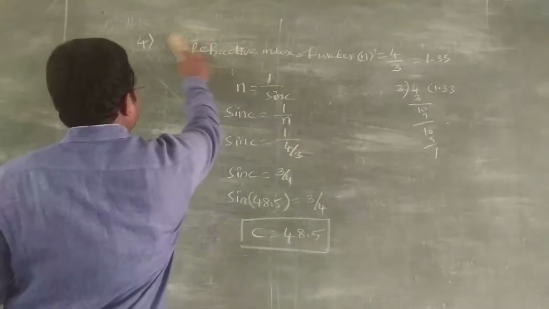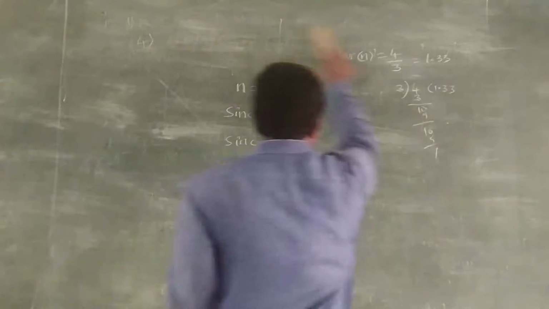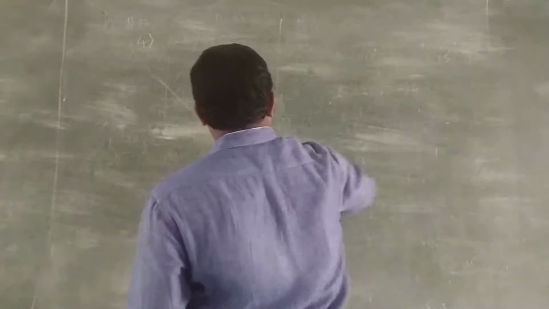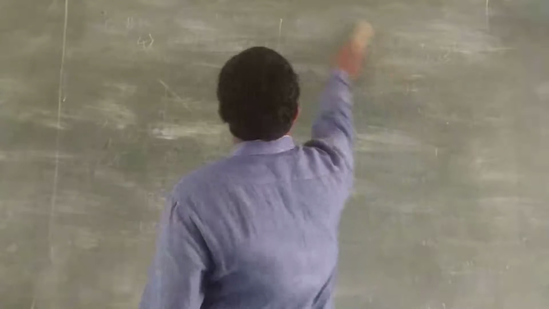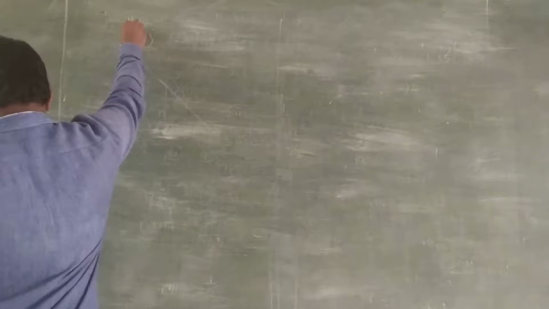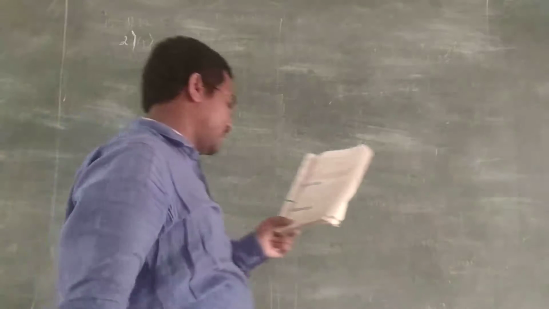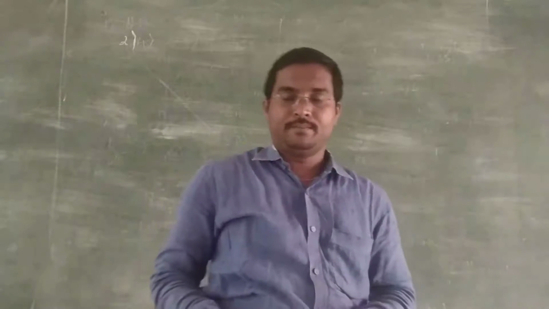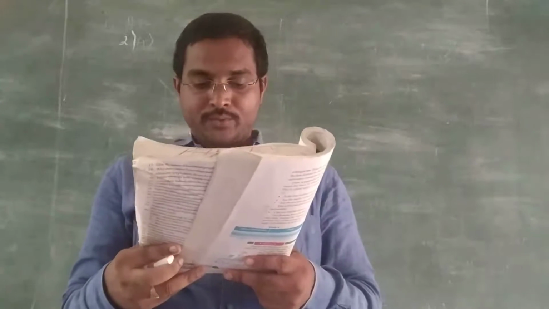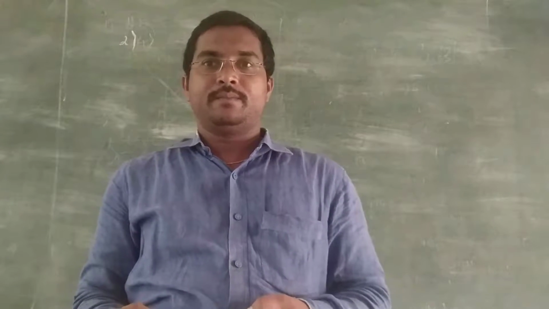Okay, and next one, problem based on refractive index. Refractive index is equal to speed of light in vacuum by speed of light in medium. See the second problem. I am reading now. The speed of light in diamond is 1,24,000 kilometer per second.